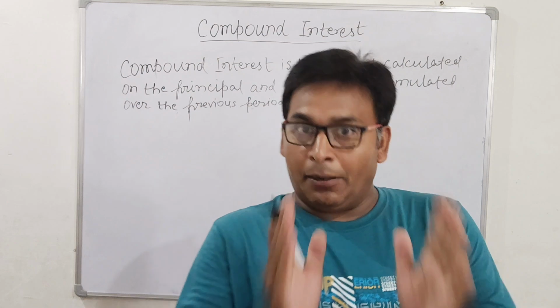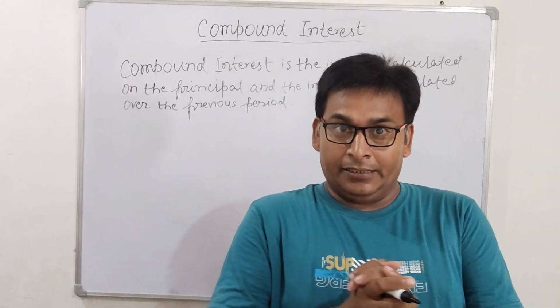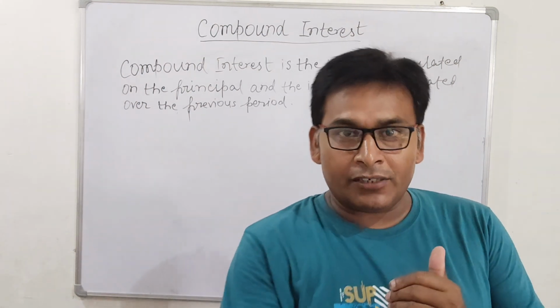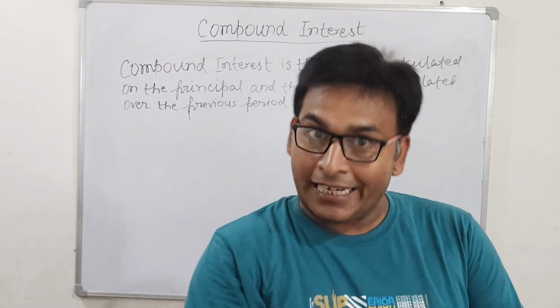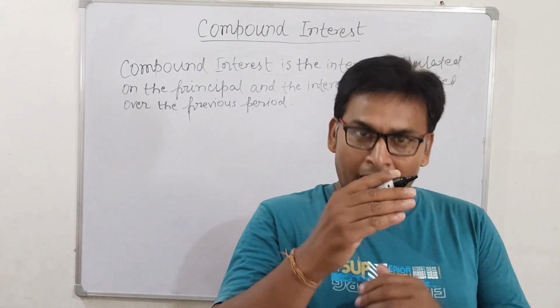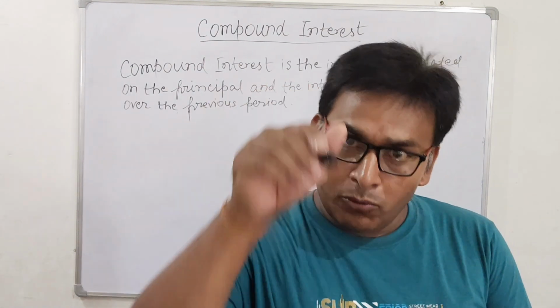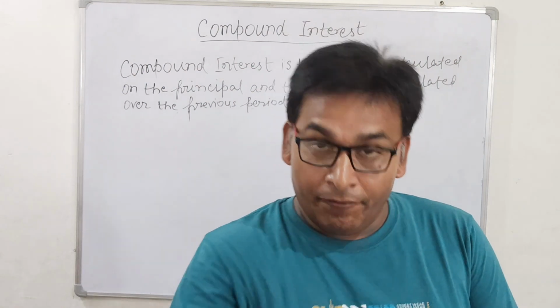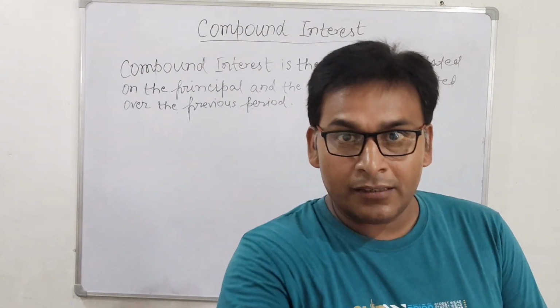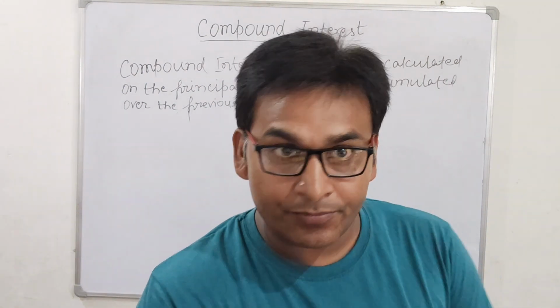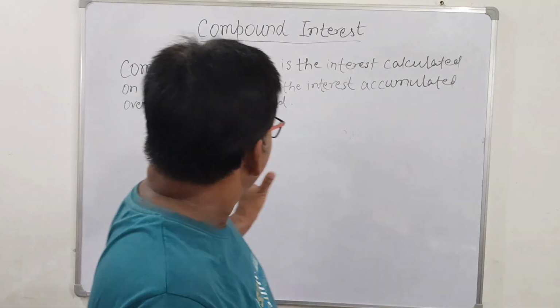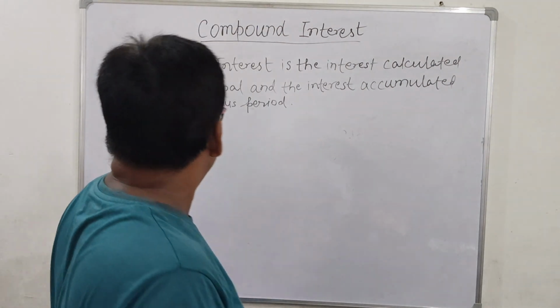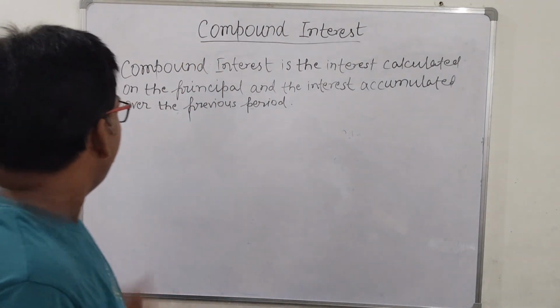When we calculate the amount at the end of the first year, the amount at the end of the first year will be the principal of the next year, and so on. And the amount at the end of the second year will be the principal for the next year. So that is how we know the definition of compound interest.